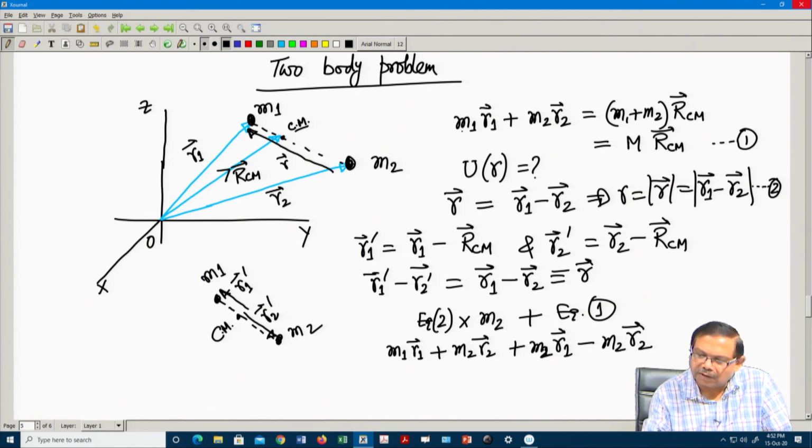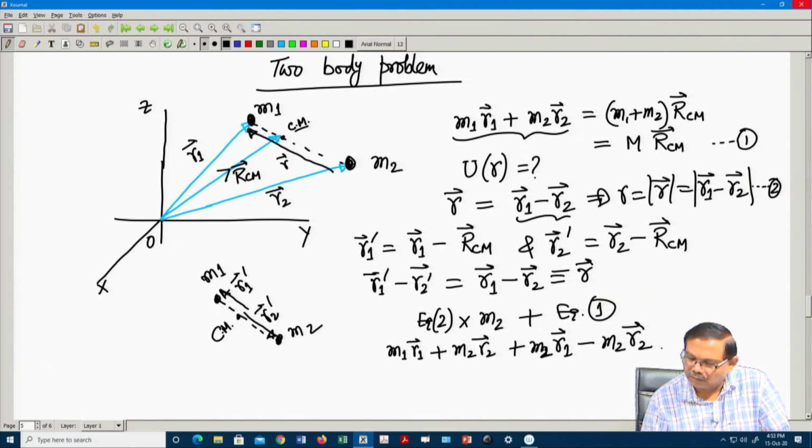So, that is the left hand side, this one and this one, equal to M rCM, and we have multiplied the second one with m2. That is what we have done.